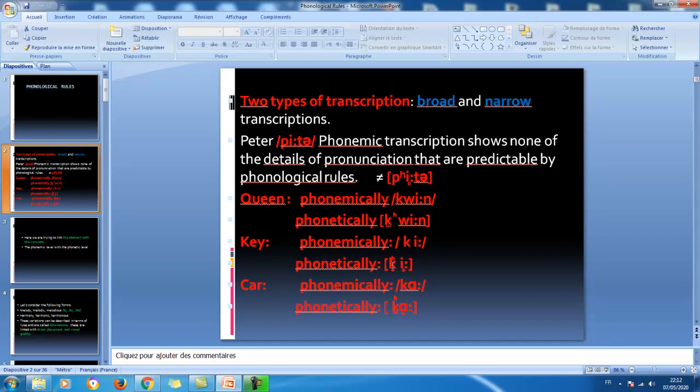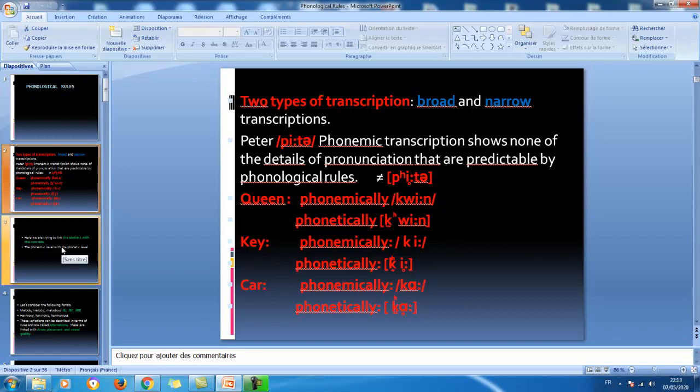So here we have just introduced some concrete examples to show that there is a difference between broad and narrow transcription. In broad transcription, which is the phonemic transcription, we just put the phonemes. But in narrow transcription, which is the phonetic one, we try to show how sounds are accompanied by those phonetic details.